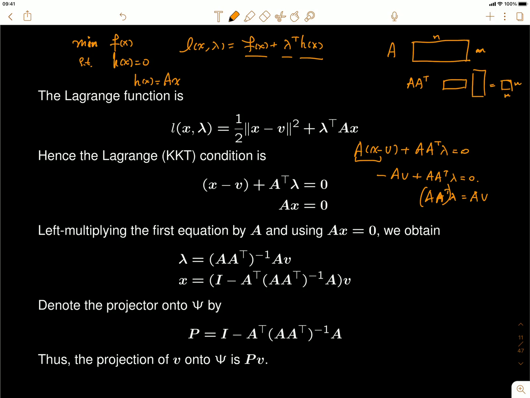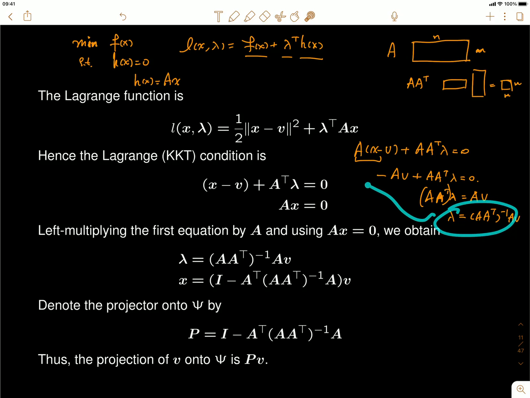When you have a full rank matrix A here, then A A^T will give us an m by m full rank matrix. Okay, so full rank is equivalent to saying that it is invertible. So that means lambda equals (A A^T) inverse times A b. And then we solved for lambda. Okay, we know what the lambda is, and then we just need to plug this back into the first equation.